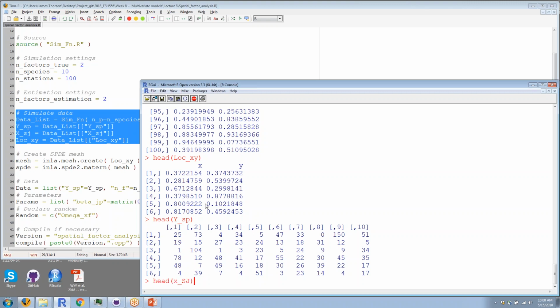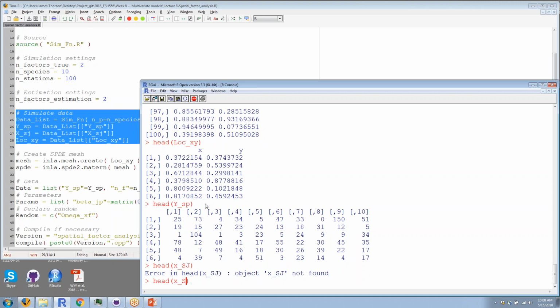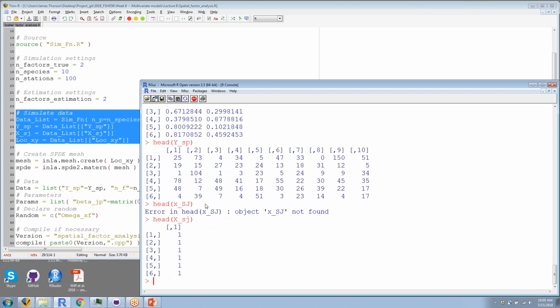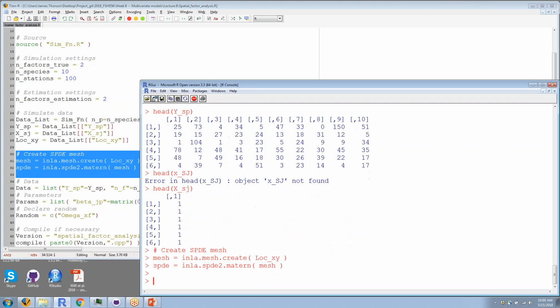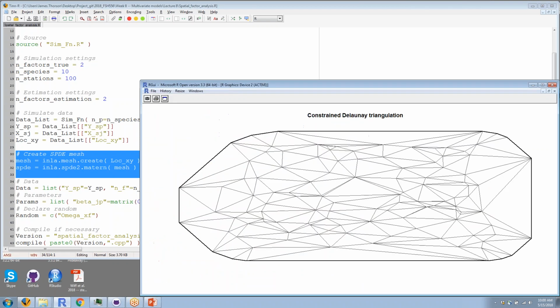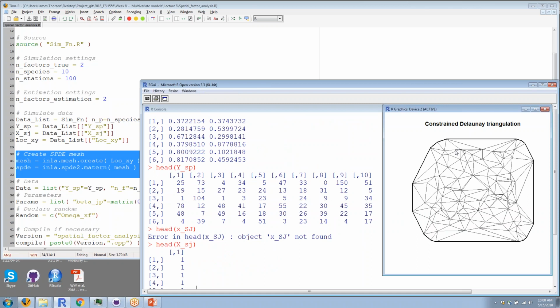And X, SJ, I forget what that's supposed to be. Okay, so I'm putting in an intercept for every species as a design matrix. Then I use the inlet just to make this mesh, to generate this triangulated mesh the same way we always do.